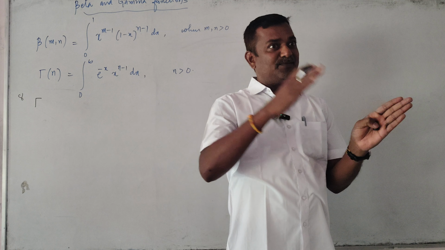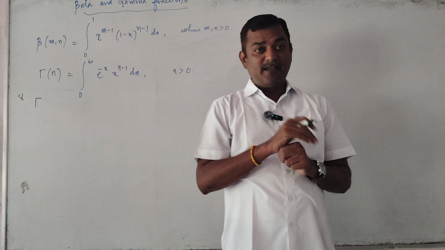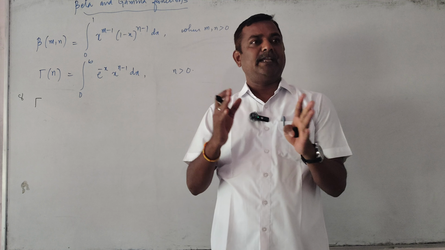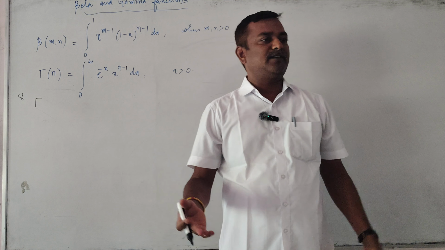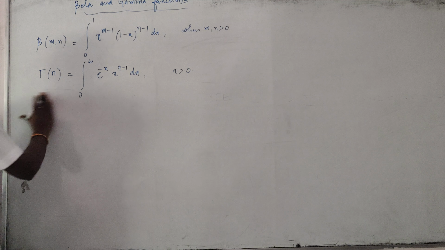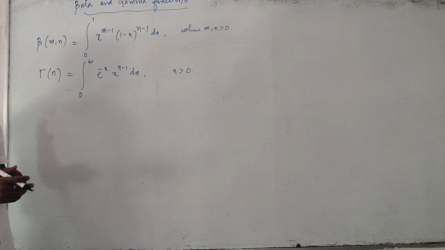If you convert it in terms of beta, beta is again converted back into gamma function. There is a relation here. You can express beta in terms of gamma functions. We'll discuss them later. First, we are going to express the alternate standard forms of these two.